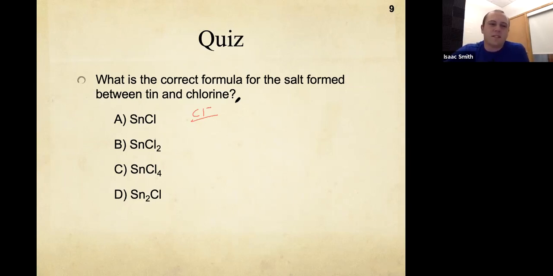Okay, so we can easily do that. But when it's a metal in the middle block, or I think tin's actually to the right of the middle block, it still makes it hard to predict the charge, okay? And we'll talk about it right here.